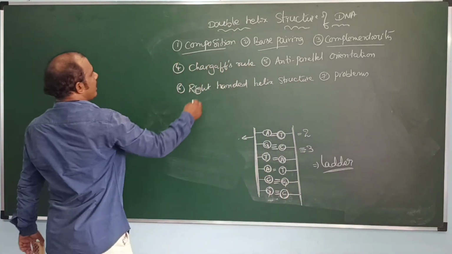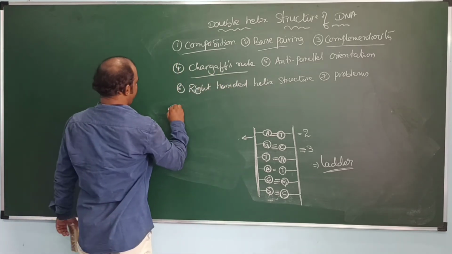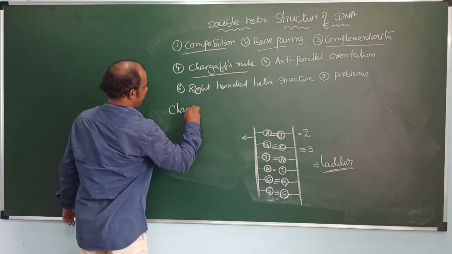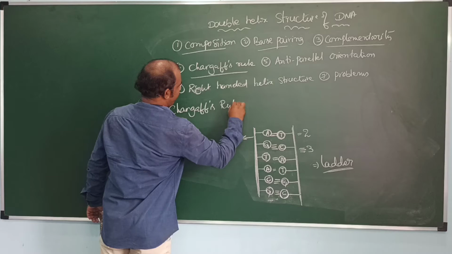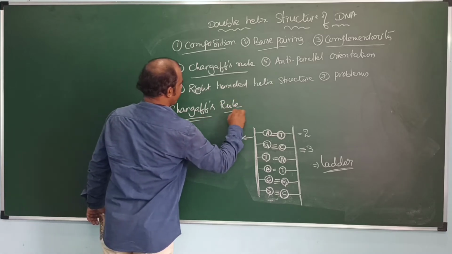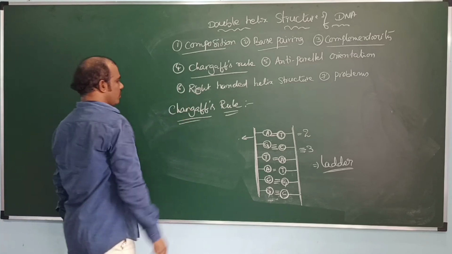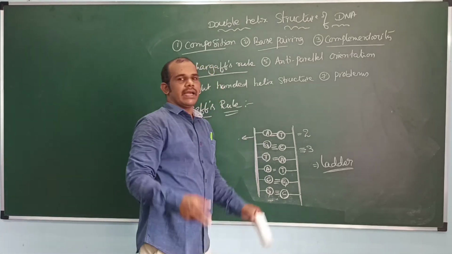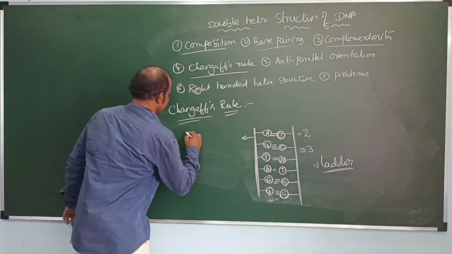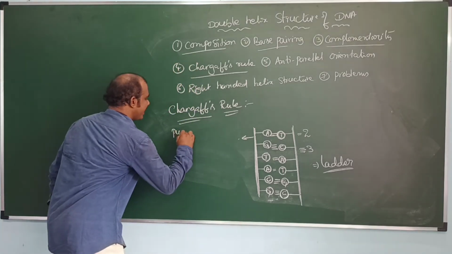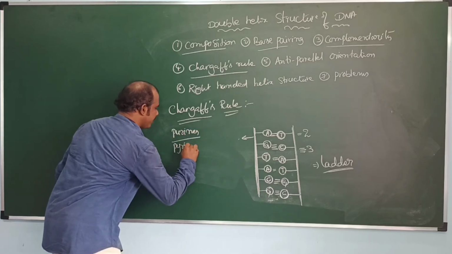Next, let us know about Chargaff's rule. What is Chargaff's rule? Chargaff's rule means that in a DNA, the number of purines is equal to the number of pyrimidines.